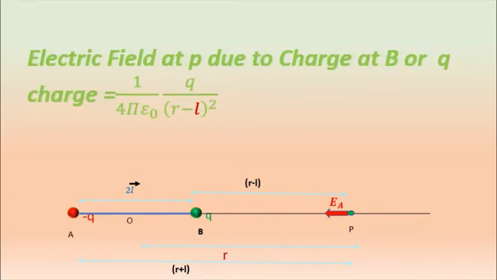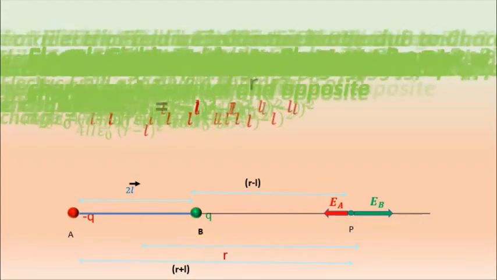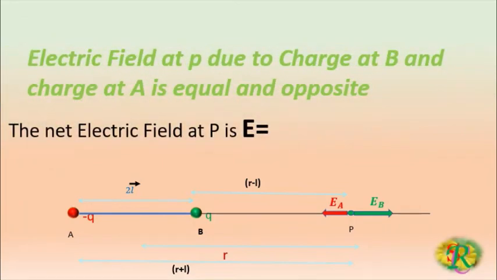Electric field at P due to charge at B, that is the positive charge, is given by the equation 1 by 4 pi epsilon 0 Q by (r minus L) the whole square, and it is represented by the vector EB. It is pointing away from the dipole along the axis outward. From this figure, you can easily understand that these two vectors are opposite to each other.